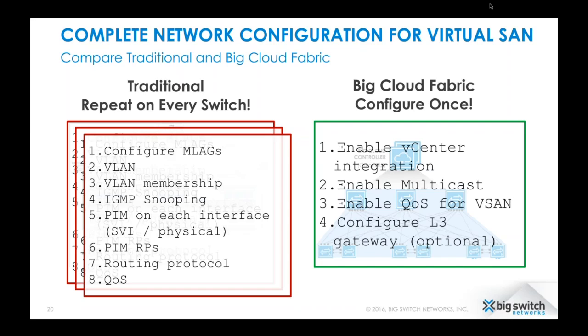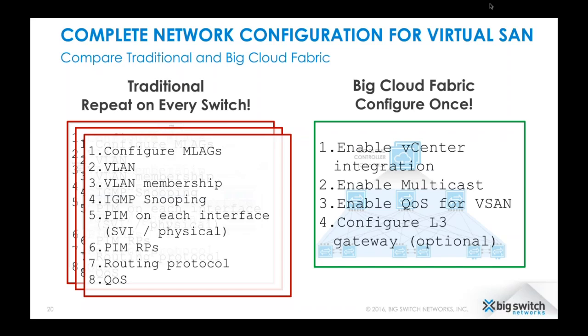If you want to use layer 3 for vSAN, if you want to have multiple networks for vSAN, and typically what we see with our customers that are using vSAN on top of Big Cloud Fabric is they would use that in a case where they have multiple vSAN clusters. So they configure different port groups on the vSphere side, and that gets mapped to different networks on the Big Cloud Fabric side.